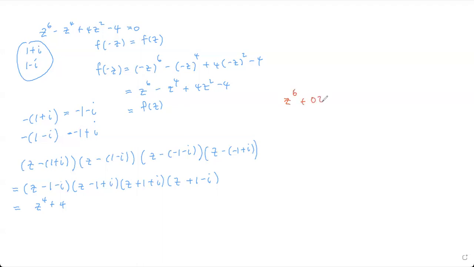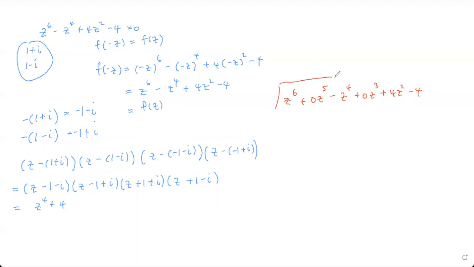There's no z^5, so I'll pretend that there's a 0z^5. And then this is a negative z^4, so negative z^4. And there's no cube, so pretend that there's a 0z^3, plus 4z^2 minus 4.